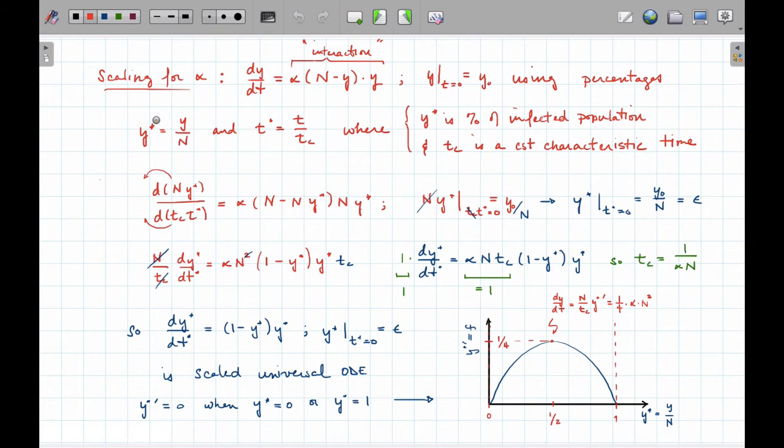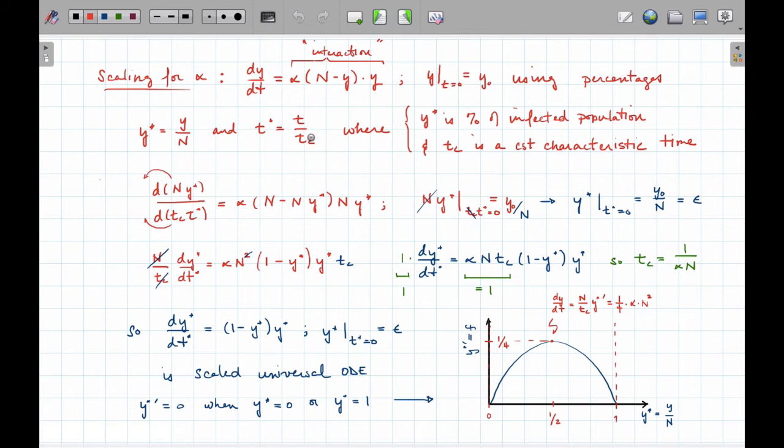So y star here represents this dimensionless ratio or percentage. Whenever we see a star, we should think of a ratio, and it is dimensionless indeed. If y has units of persons and n has units of persons, y on n has no units. Similarly, t star is going to be a dimensionless ratio, t on tc, where tc is a characteristic time for our particular problem.